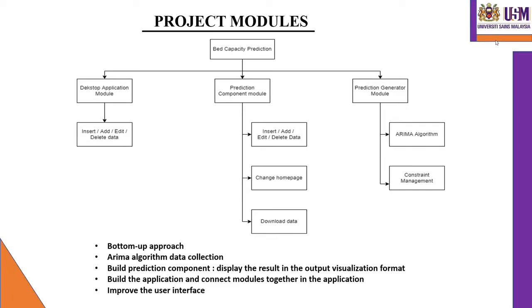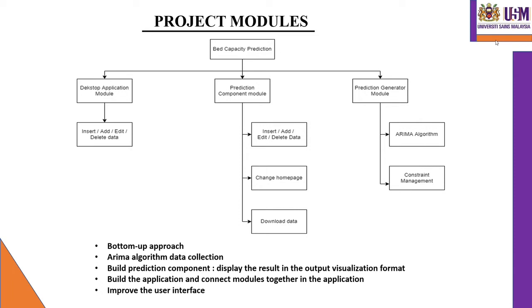There are 3 modules for the project: the desktop application module, the prediction component module, and the prediction generator module. The desktop application module includes the features of the application, such as insert, add, edit, and delete data.